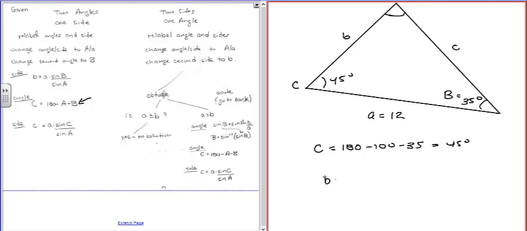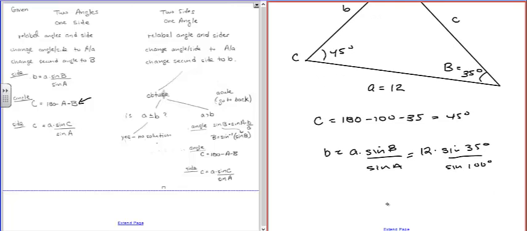So to find the length of side B, go over here. B is equal to A times the sine of B divided by the sine of A. Length A is 12. B is 35. A is 100.